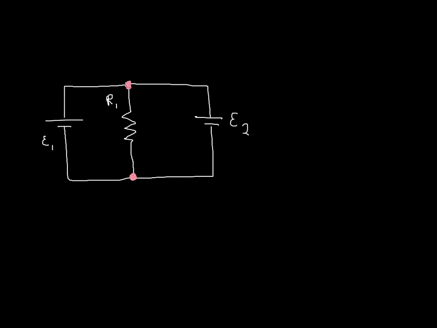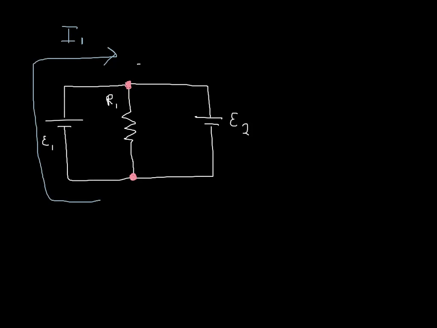Now in this outer portion, on the left-hand side of my circuit, I'm going to say there's one current that goes through that. I'm going to call that I1. Once I1 reaches this junction, it's going to have to split up into two different currents.